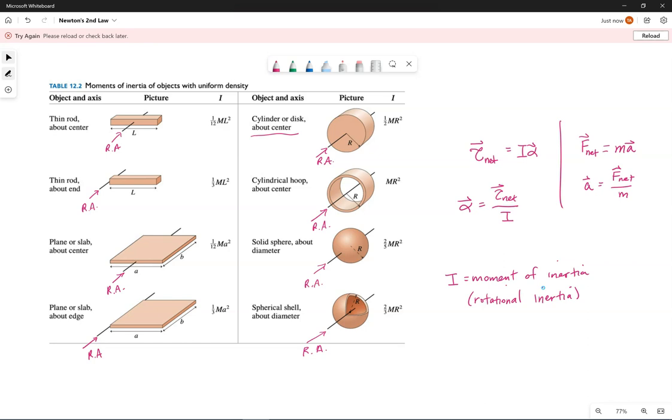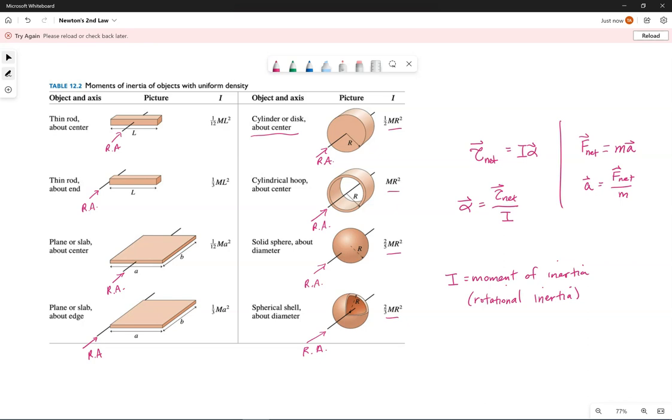If you notice, in every single equation, there's an m for mass. So the moment of inertia still does depend upon mass, but every equation has some sort of dimension squared. On this right side, it's always an r, meaning the radius of the cylinder, the radius of the ring, the radius of the sphere.